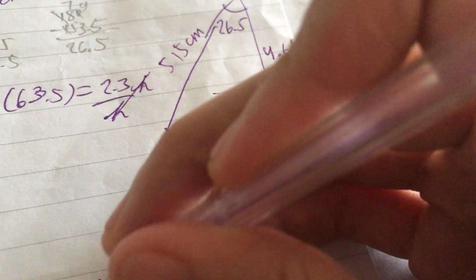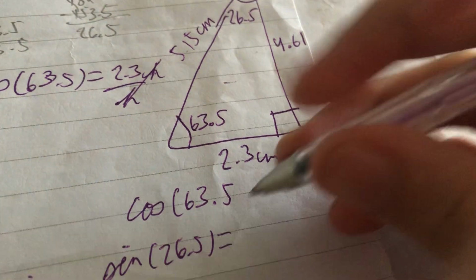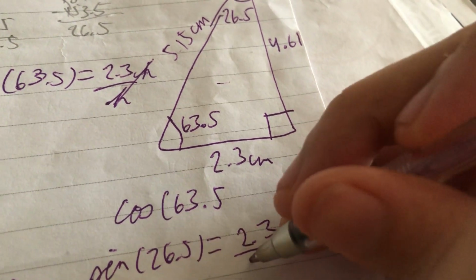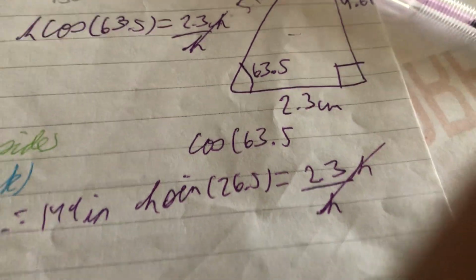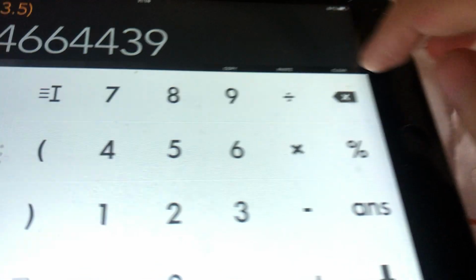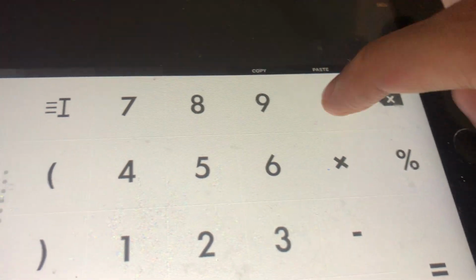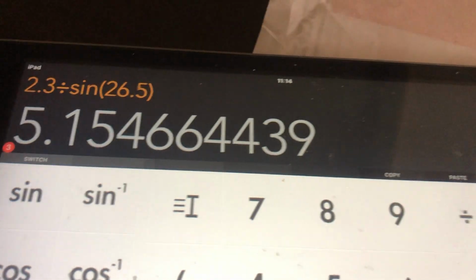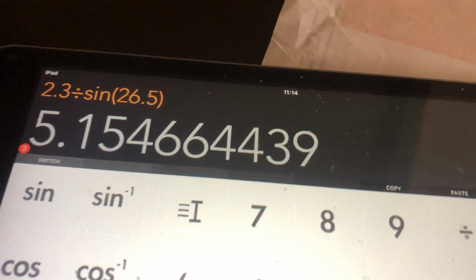Therefore, sine of 26.5 is equivalent to the opposite of 2.3 divided by h. Multiply both sides by h. So, it's 2.3 divided by the sine of 26.5. Yes, we still get the same answer of 5.15.